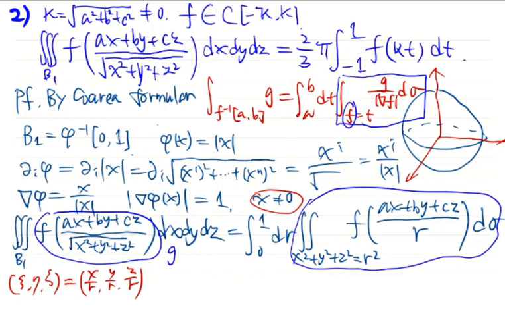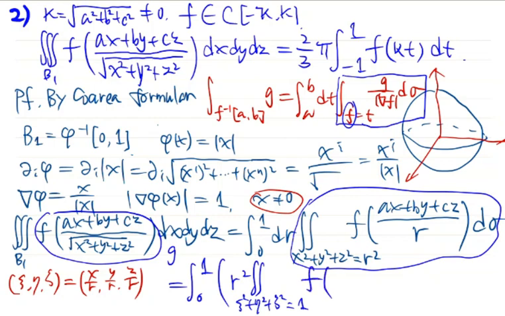So using this, we can write our computation as the integral from 0 to 1 dr, then the inner sphere integral over the sphere of radius r becomes r squared times the integral over the unit sphere xi square plus eta square plus zeta square equals 1.